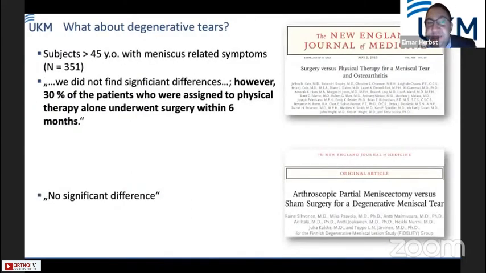That's what the evidence is saying, is no. So there is no indication to perform just a meniscus debridement in degenerative meniscus tears in subjects with early and moderate osteoarthritis. However, when reading the articles carefully, there are some points that should be considered.